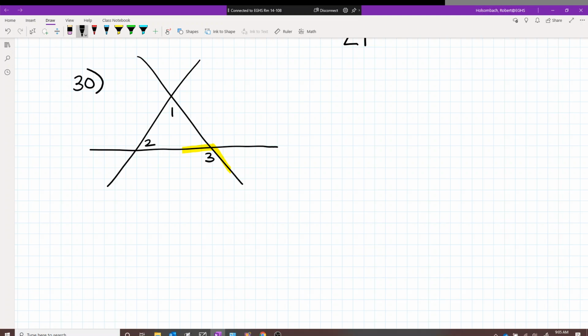An exterior angle is equal to the sum of its remote interior angles. So in this case, angle 3 equals angle 1 plus angle 2. If you need the largest angle in this picture, it's angle 3, because you have to add 1 and 2 together to get 3.